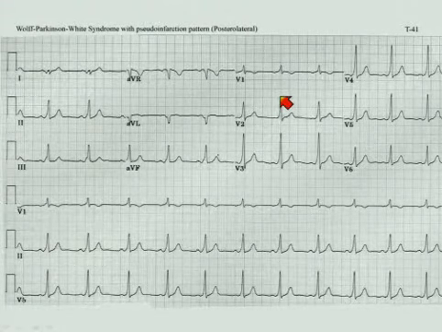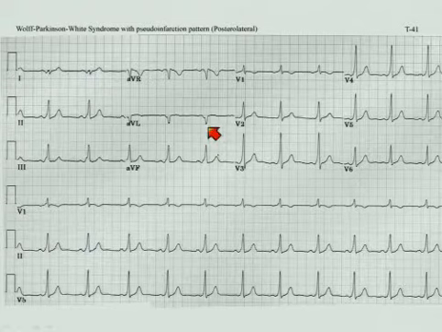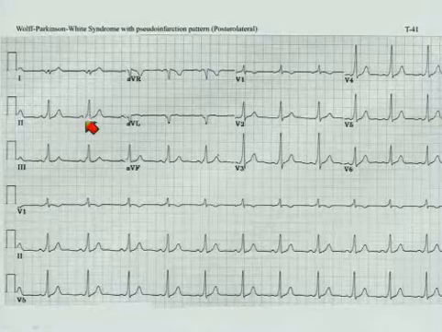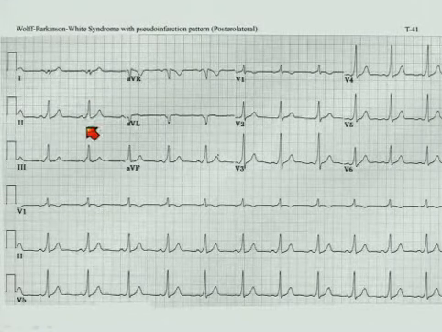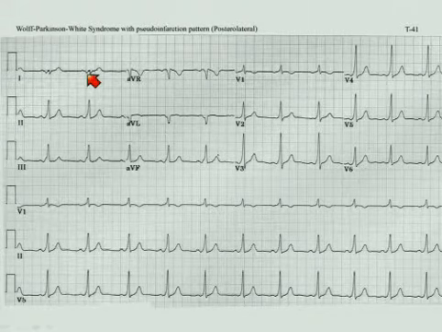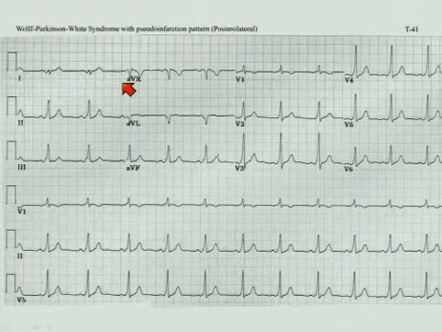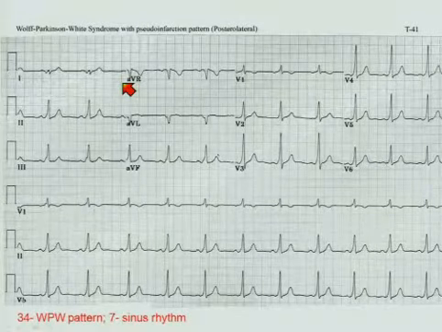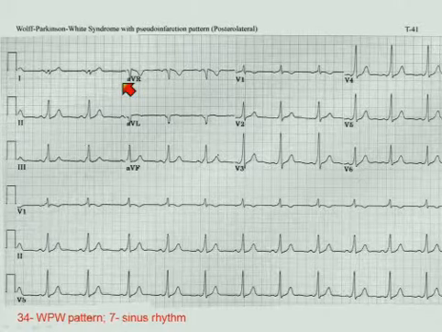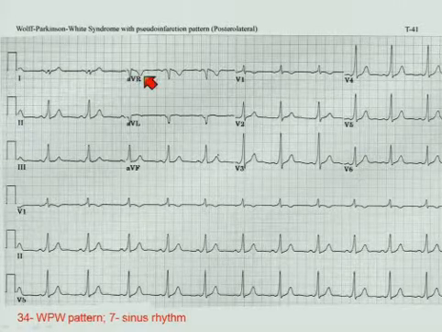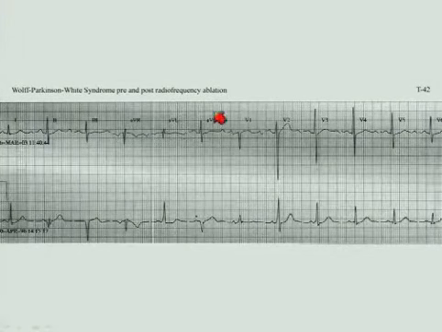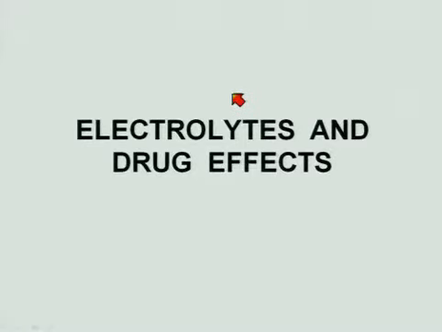In fact, on the test, if you were to put lateral infarction, you'd lose all the credit on this question. So short PR, slurred upstroke, prolongation, this R wave, of course, and these Q waves are actually the delta wave, the area of pre-excitation of the ventricle. And so this would be number 34, WPW, and number 7, sinus rhythm. And this is just an example of the same tracing before and after radiofrequency ablation.